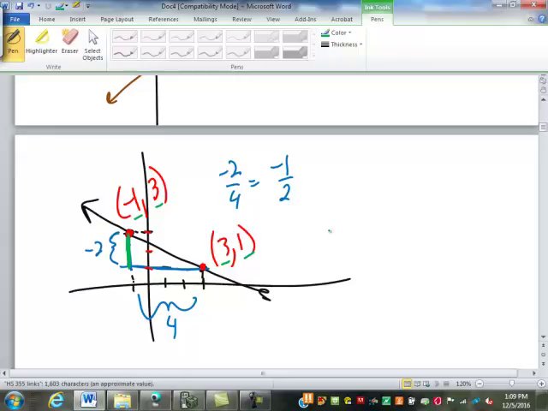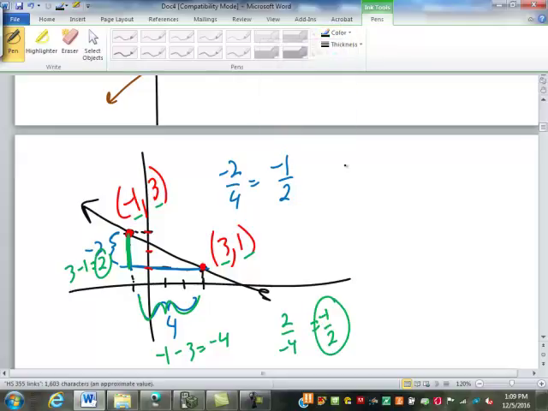The y. 3 minus 1 gives me 2, right? Which coordinate describes the run? The x. Negative 1 minus 3 equals negative 4. So that would give me 2 over negative 4, or if I subtracted the other way, negative 2 over 4. Either way, it's a negative 1/2.